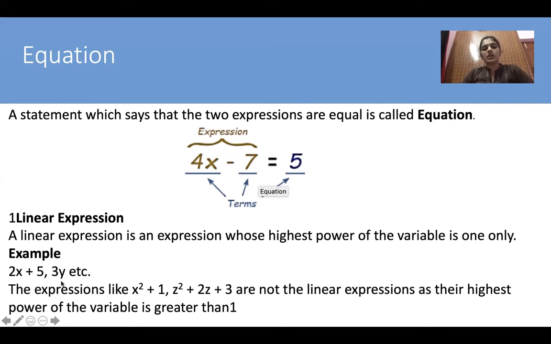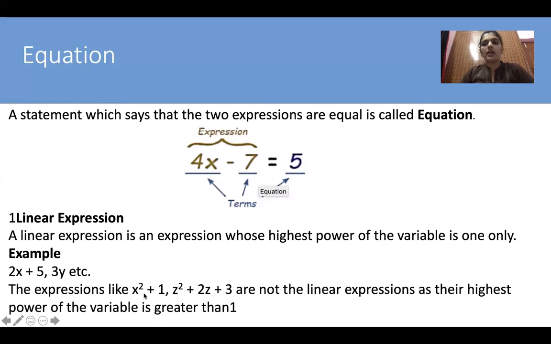Expressions like x square plus 1 and z square plus 2z plus 3 are not linear expressions as their highest power of variable is greater than 1. Here we have 2 as the power of the variable, so it has degree 2 and is not a linear expression.